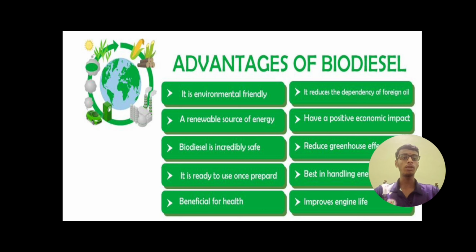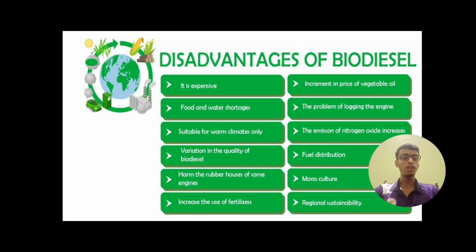Biodiesel is incredibly safe, beneficial for health, improves engine health, has a positive economic impact, etc. The next is the disadvantages of biodiesel. It is expensive, with food and water storage shortages, increase in the use of fertilizers, monoculture, fuel distribution, and so on.